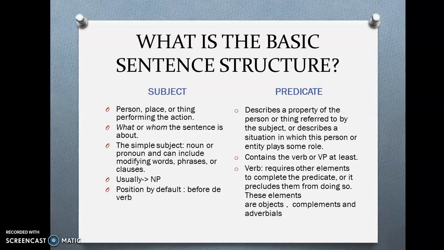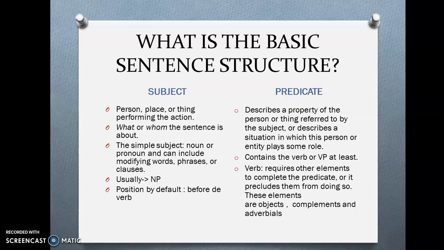As regards the predicate, a predicate describes a property of the person or the thing being referred to by the subject, and at least it should contain a verb or a verb phrase. The verb is the most important element in the predicate because it will dictate how many arguments I need after the verb.